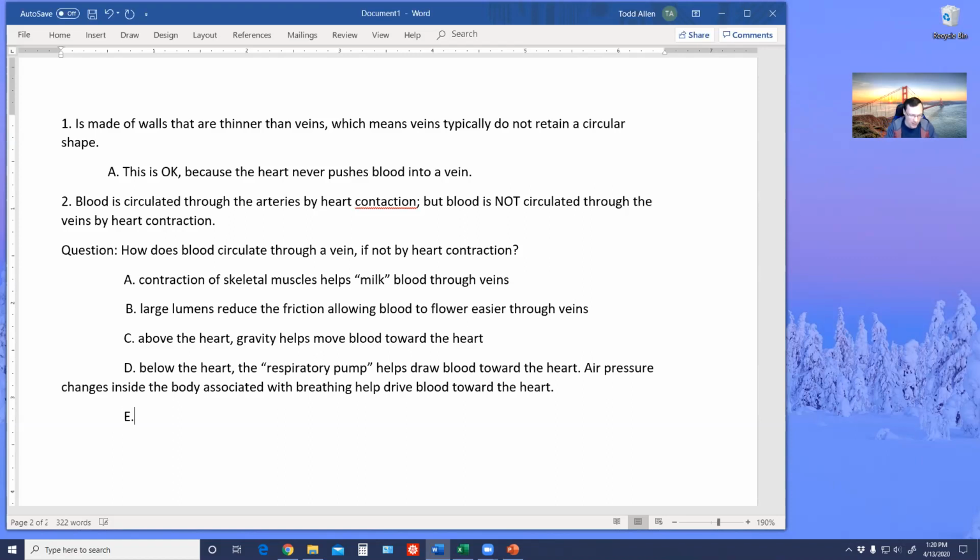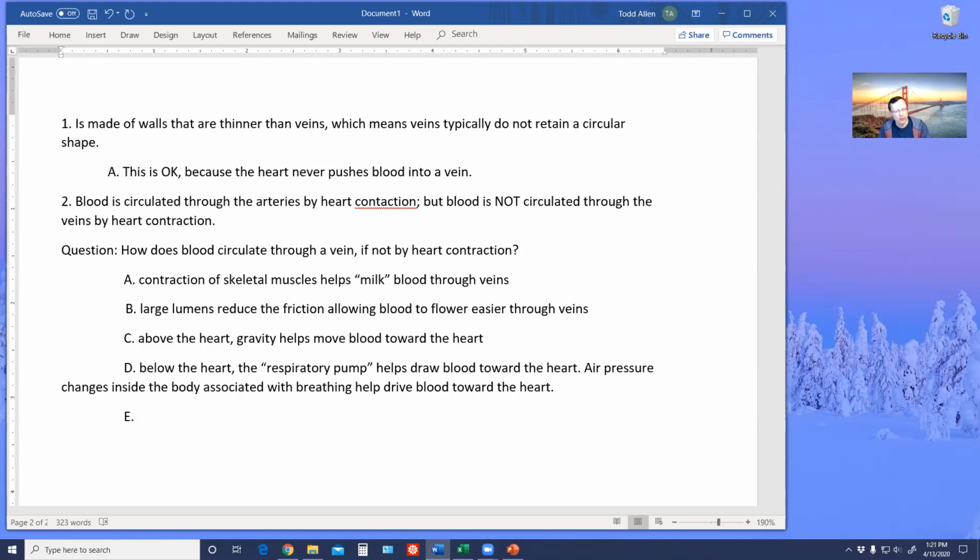The last thing I'll mention here is the presence of one-way valves in the veins. Take a look on page 218 of your textbook, figure 12.6, figure 12.6a and b, which show you valves.